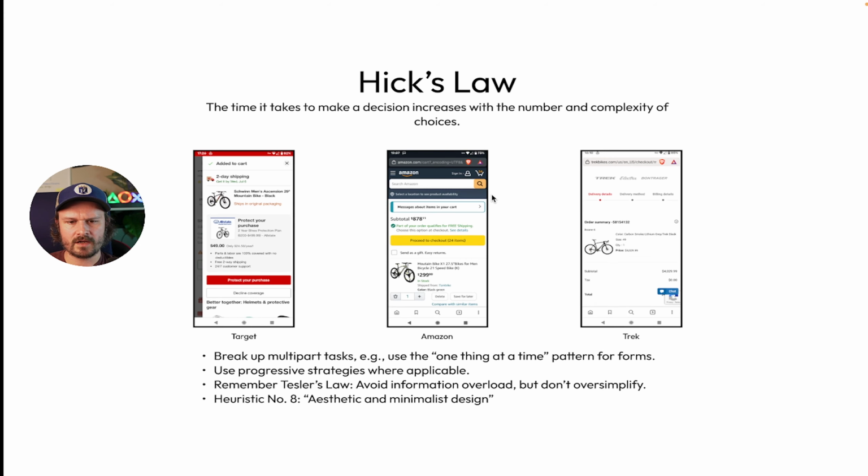And moving on, we have Hick's law, which states the time it takes to make a decision increases with the number and complexity of choices. Excuse me, I have 3 images here. These are screenshots from my phone that I snagged when I was doing my competitive analysis, my analysis of the competitors for the retail, the e-commerce project that I was working on.